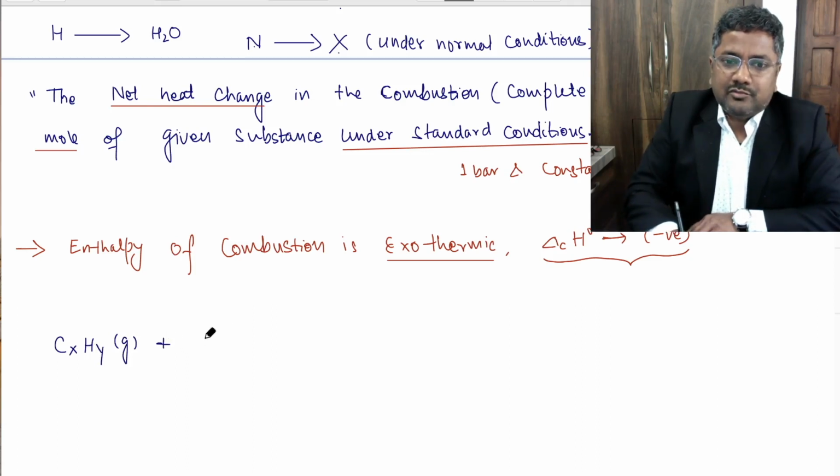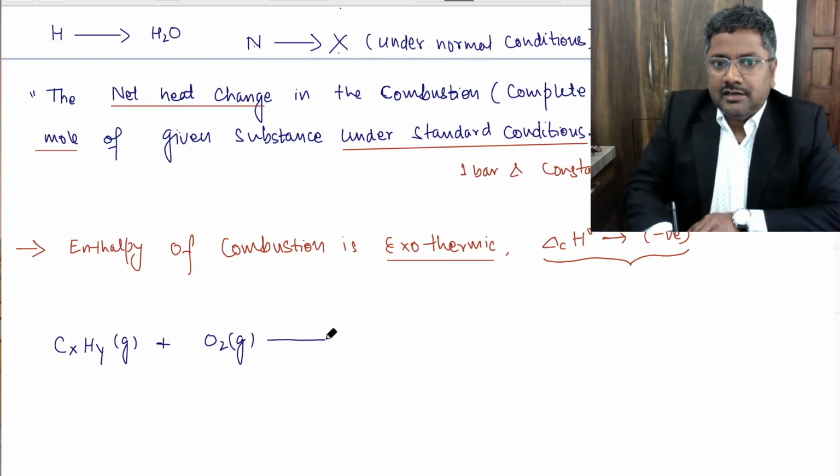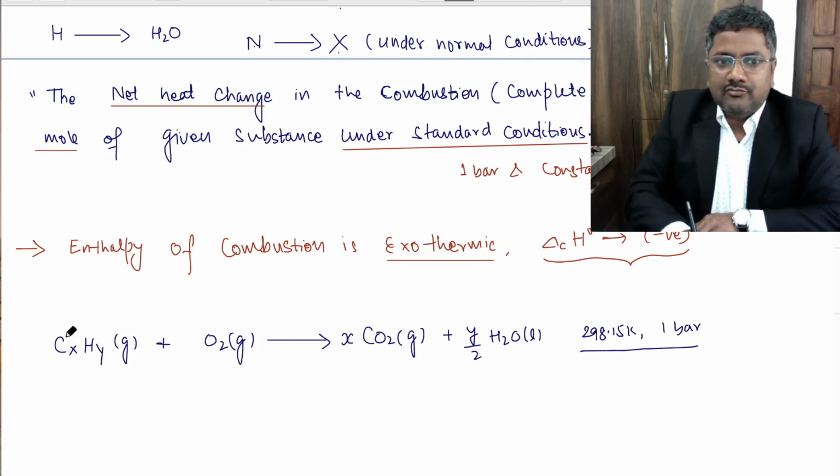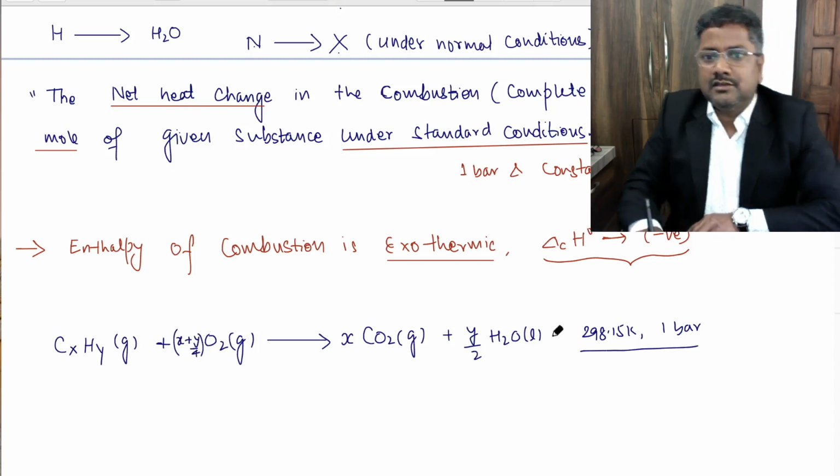So you have to put gaseous, make the reaction with oxygen, and you will get x moles of CO2 gas plus y by 2 moles of H2O liquid at 298.15 Kelvin and 1 bar pressure. So this is the standard condition. Here you cannot take more than 1 mole, so you have to balance this equation accordingly. So here x plus y by 4, right?